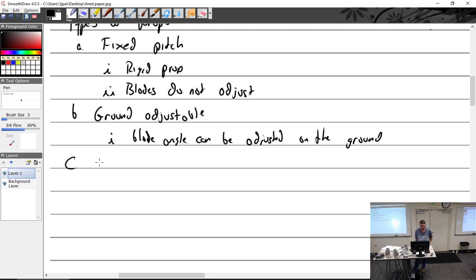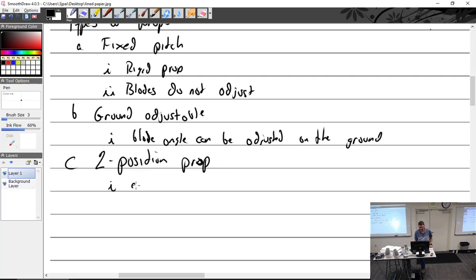Then we have the two position prop. So this one has how many positions? And what are those positions? I was hoping somebody, he says left and right. I was going to say up and down. We'd both be wrong. Actually, he'd be right, more righter.